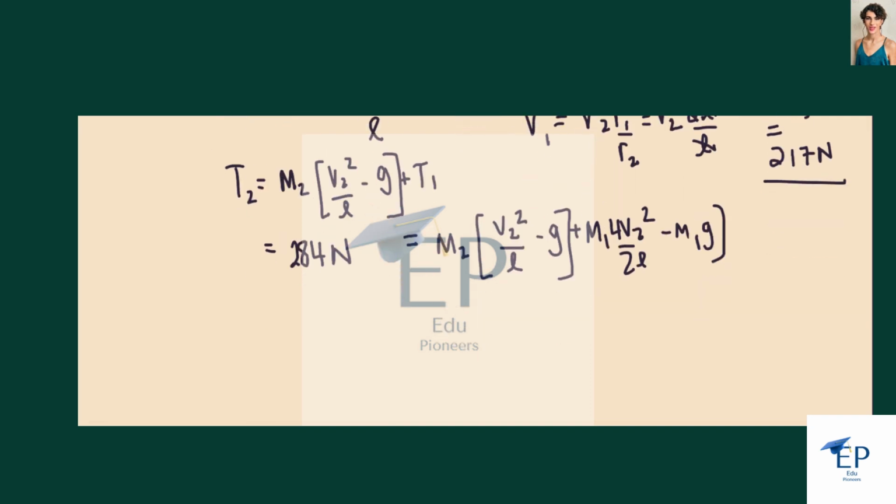Okay, now if we simplify this a bit, we can take out a G, so we have M1 plus M2 times negative G, and then we have a plus v2 squared over L times M2 plus 2 M1.